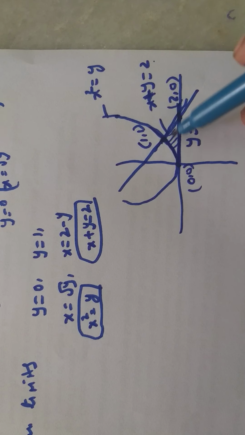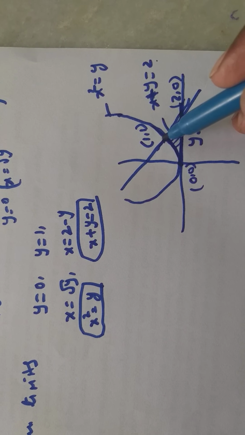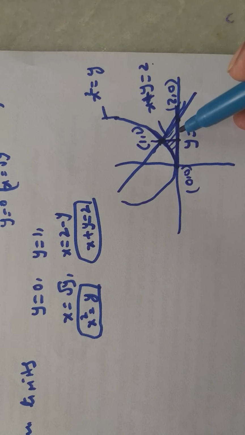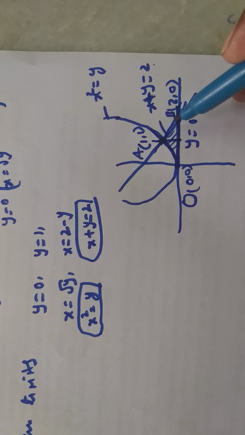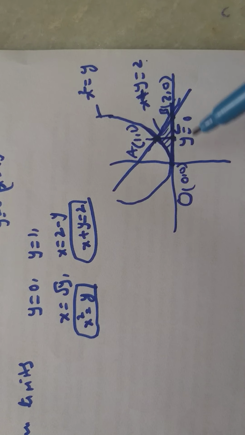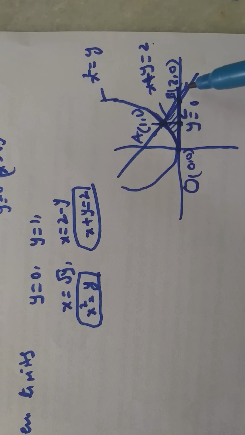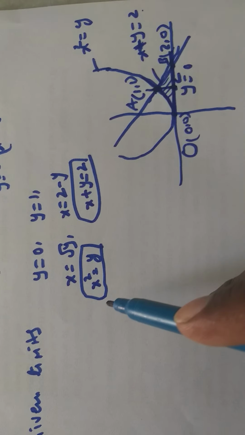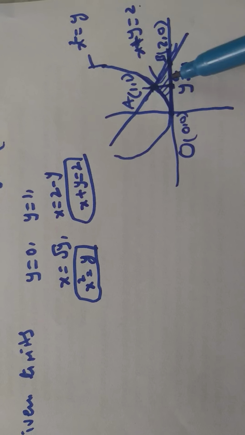So this region has three corners, and we split it like this. This is O, this is A, this is B, and this is C. This splits the region into two parts: OAC is one region and ABC is another region. To change the limits, we separate the region into two parts.